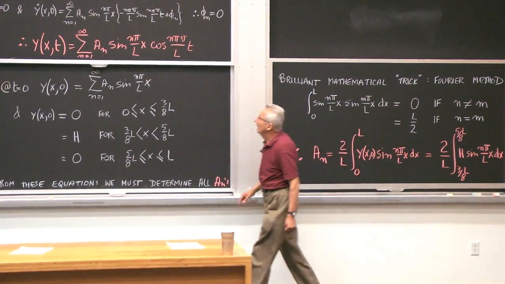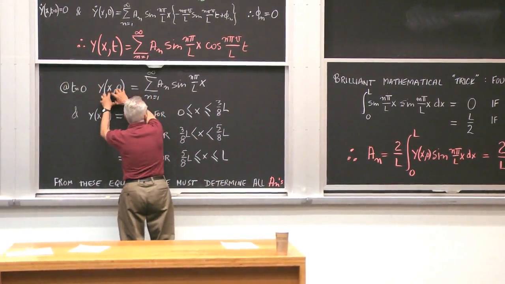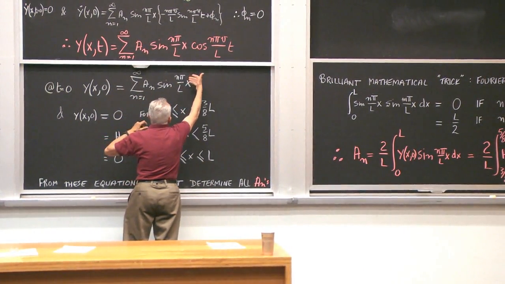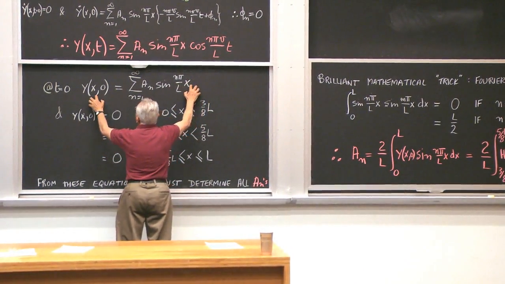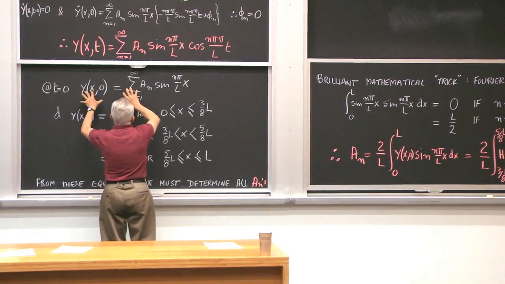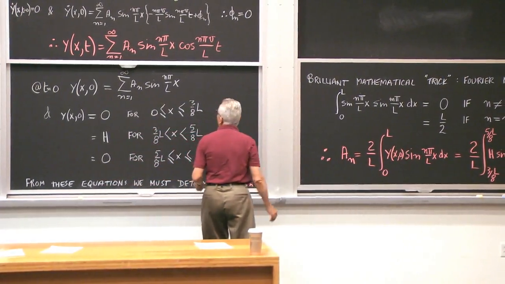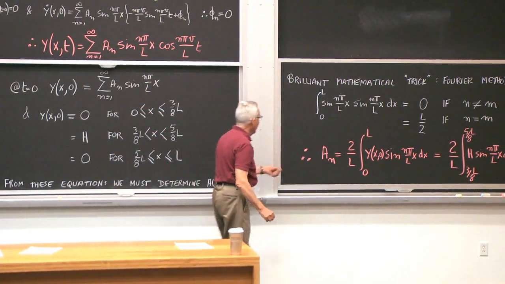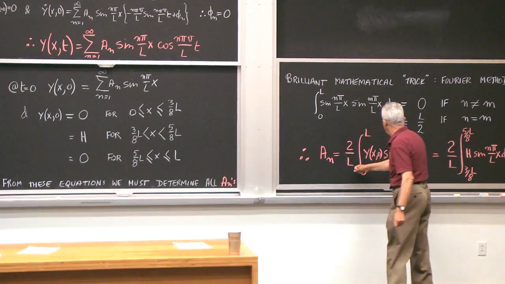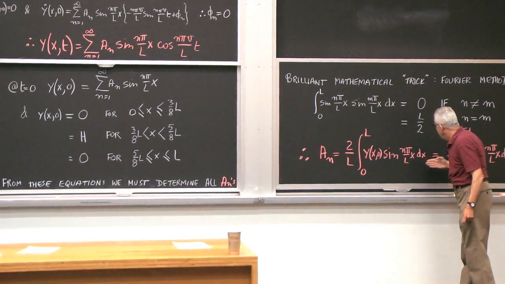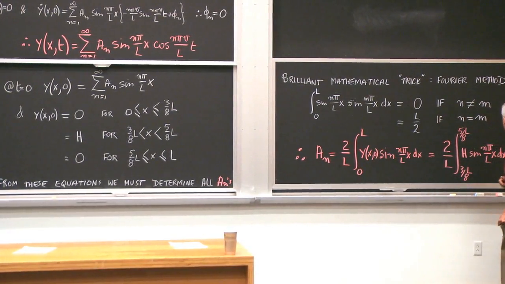All I'm doing is multiplying both sides of this equation by sine of m pi x over L and integrating them both from 0 to L. On one side, you end up with an, and on the other, 2 over L times this integral. Then, once you've done this integral, you know the answer.